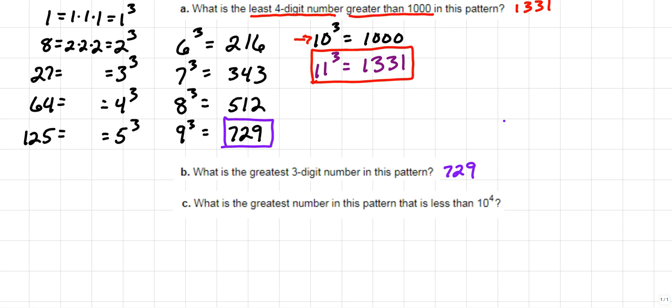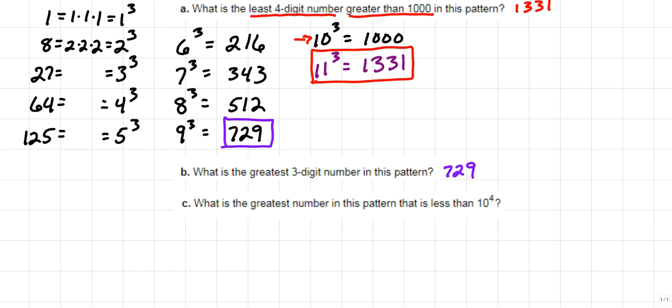The next part of the question, C, what is the greatest number in this pattern that is less than 10 to the 4th? Well, for this one, we're going to change it up just a little bit, and we're going to use some reasoning. First off, what is 10 to the 4th equal to? We'll calculate 10 to the 4th, and we end up with 10,000, correct?